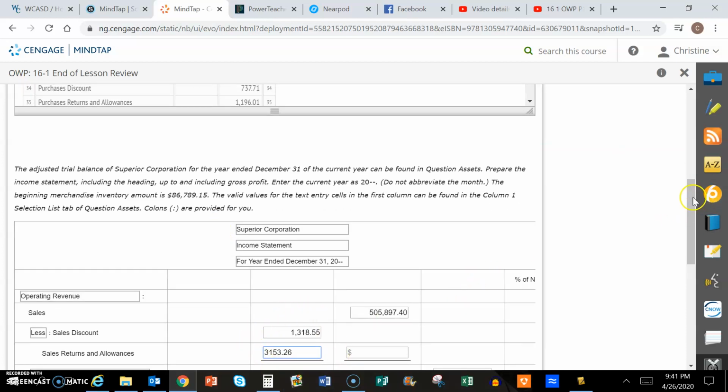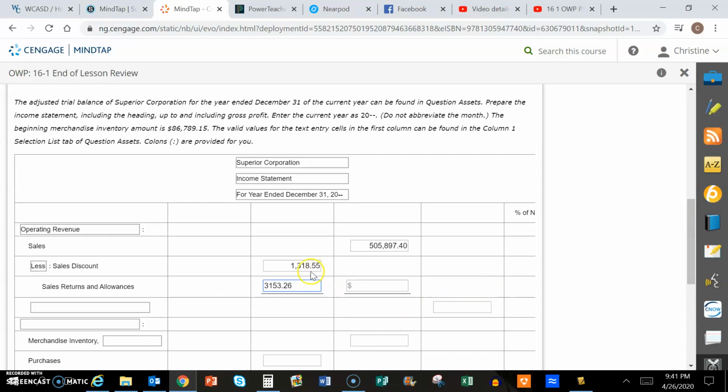Now we add these two up and we get 4,471.81. Then our net sales, so net is always after, is going to be the 505 minus the 4,471, and that gives us 501,425.59.